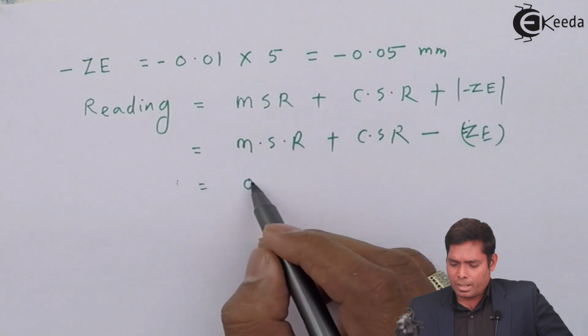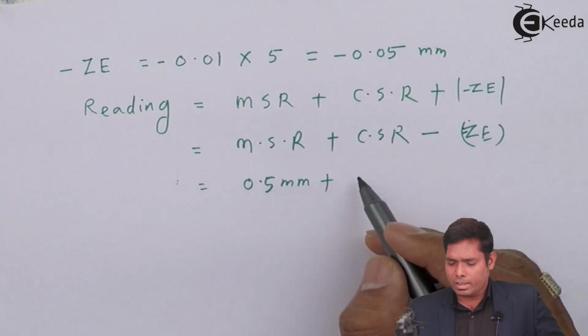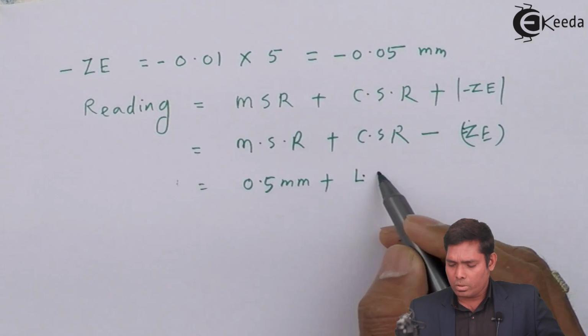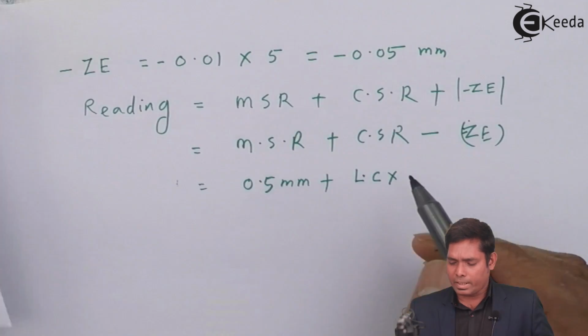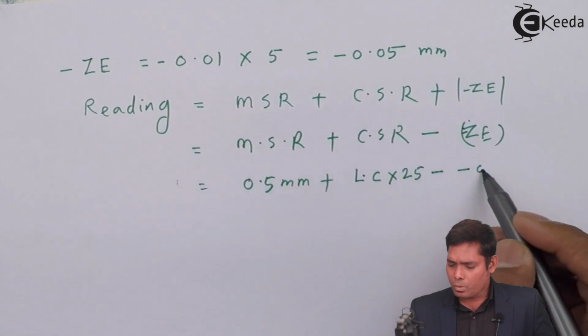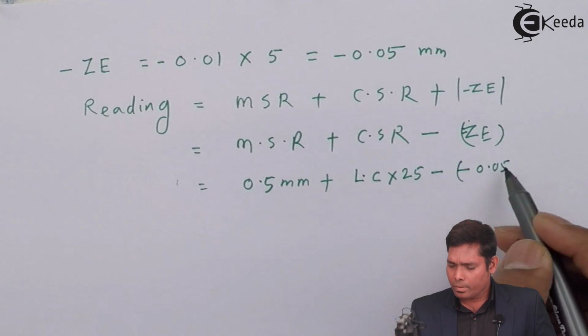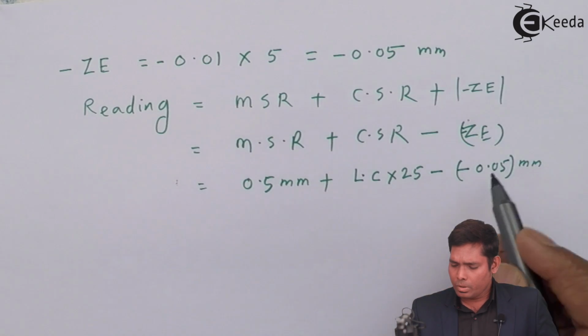The main scale reading is 0.5 mm, plus the circular scale reading, which is the least count into 25, minus of minus 0.05 mm.